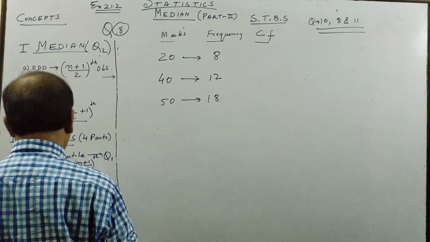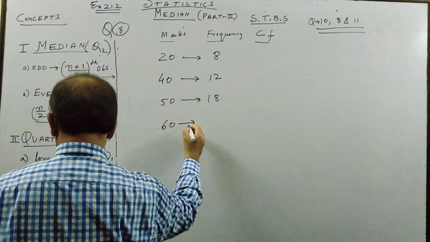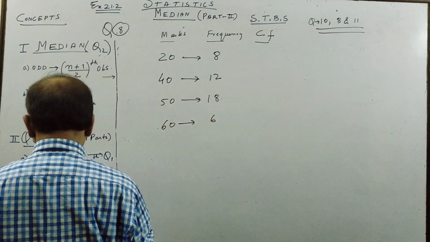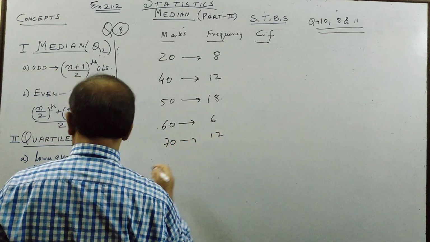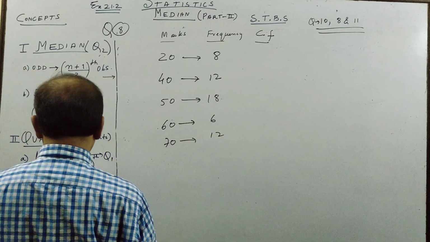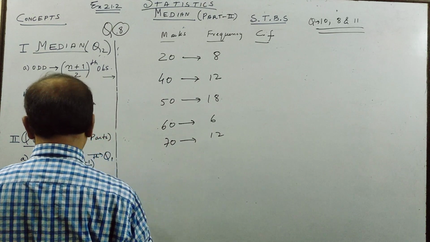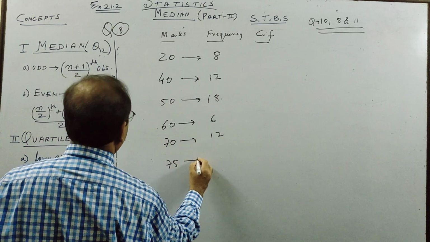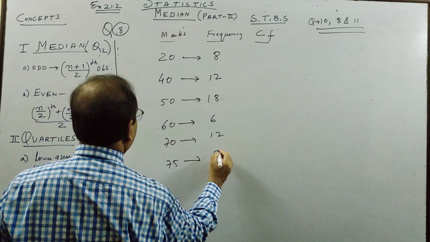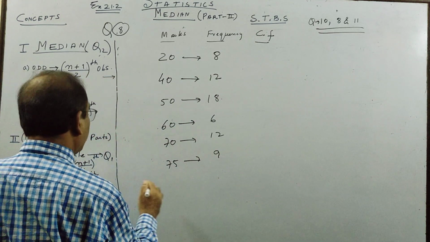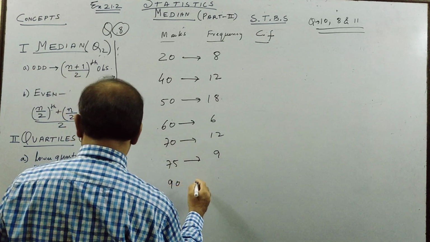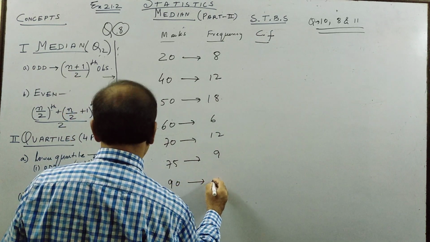After 50 is 60, whose value is 6. After 60 we have 70, which is 12. Then we have 75, which is 9. And then we have 90, which is 5.